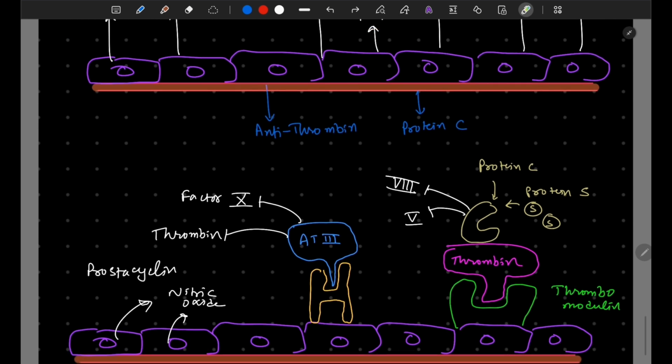What does this do? Thrombomodulin is a molecule which attracts thrombin.